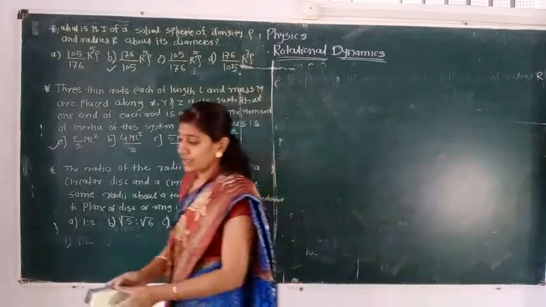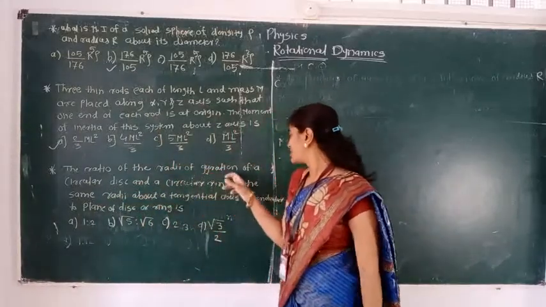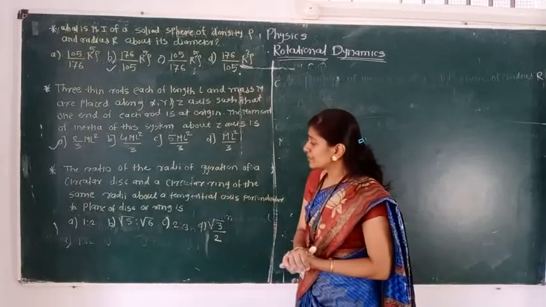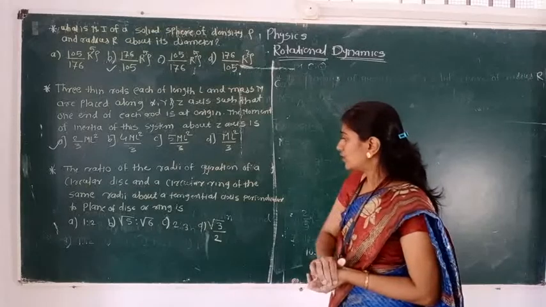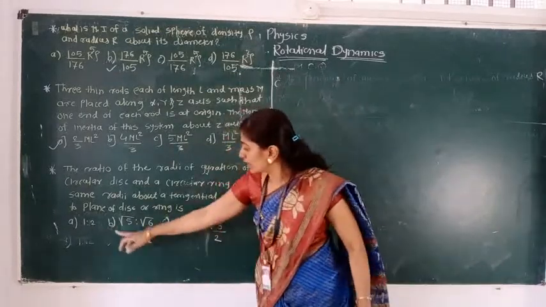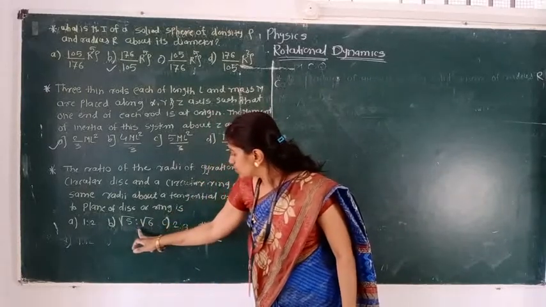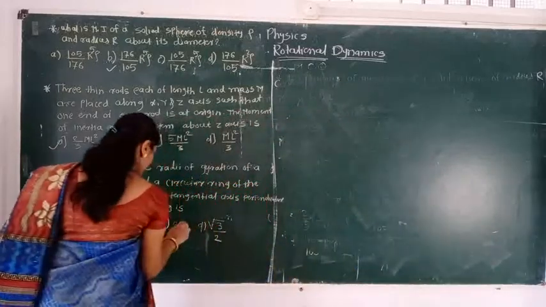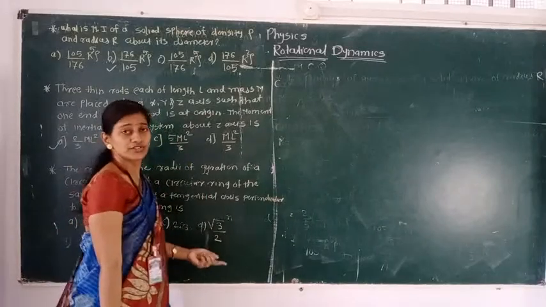See here, the ratio of the radii of gyration of a circular disc and a circular ring of the same radii about a tangential axis perpendicular to the plane of the disc or ring is: 1 as to root 5, as to root 6, 2 as to 3, and the last one, root 3 divided by 2. So this is given.